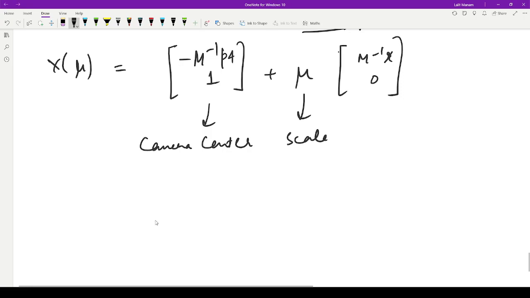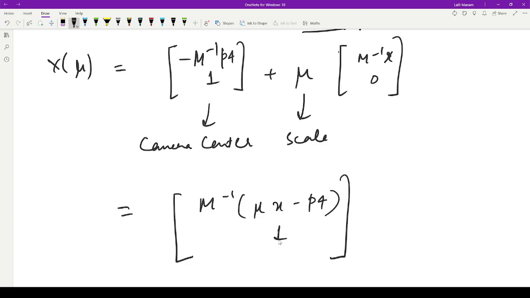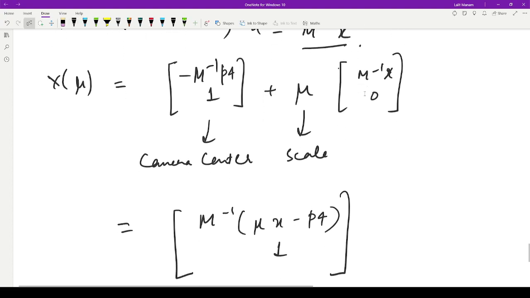Given these quantities, what can be done? We will take common parts: mu M inverse x minus M inverse p4, and this will be 1. The last coordinate will be 1 because here it's 0.